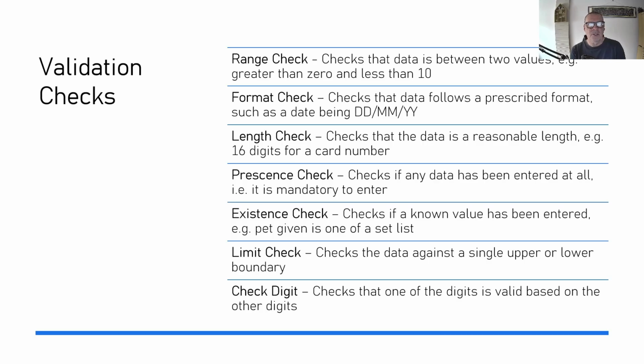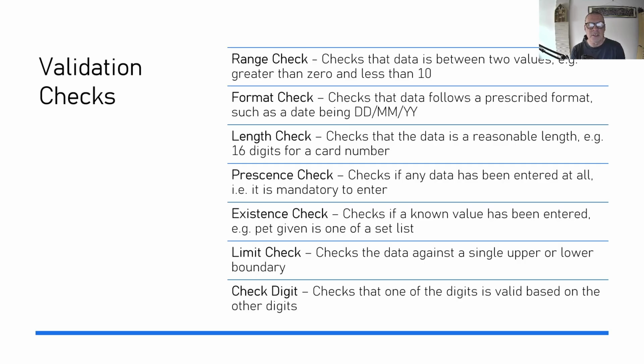So a range check checks that data is between two values, so there's an upper and lower boundary. For example, you might want to check that the number of days that somebody's going on holiday is greater than 0 and less than 10. Format check. This checks that the data follows a format that we know.